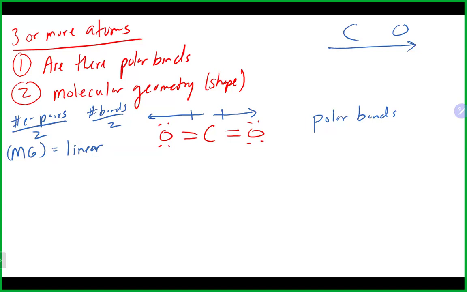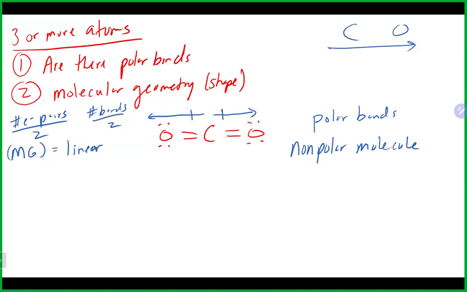We've got equal pulling on both sides. The little flag in the middle is just going to stay there. It's not going to go one way or the other. They're going to cancel each other out. And because that is the case with the geometry here, although this does have polar bonds, this is actually going to be a nonpolar molecule because those bond dipoles will cancel each other out.